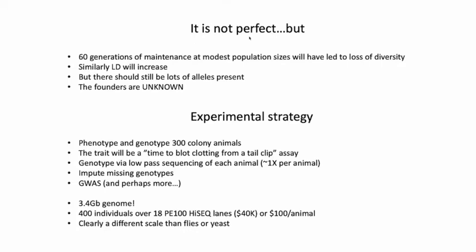So the experimental strategy is pretty simple, actually. It's to take this colony and phenotype and genotype a large number of animals. Our initial experiment involves 300. I don't think that's going to be enough. We just measured a trait that was cheap to measure. It's a proof of principle initially. The assay is we clip the end of the tail off, which is commonly done in mice, and you keep that little bit of tail and you can get DNA from it.